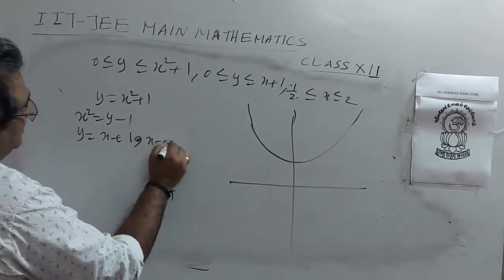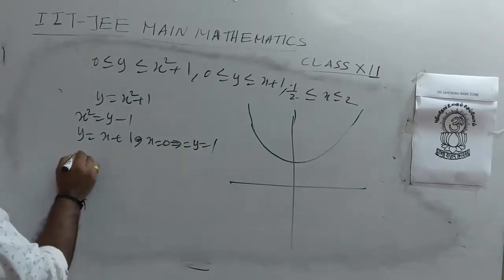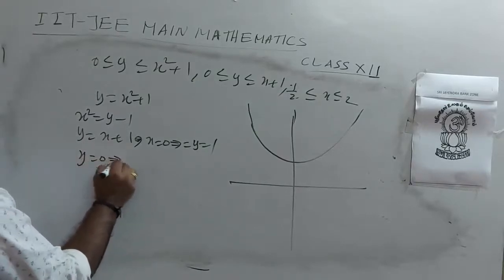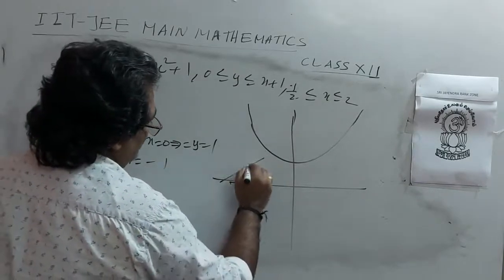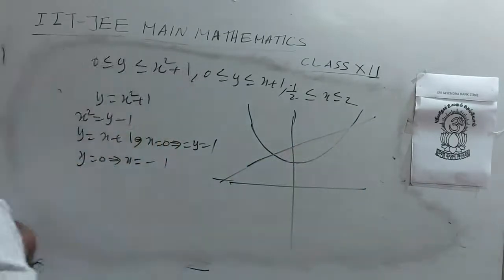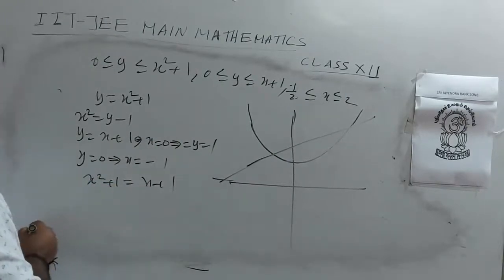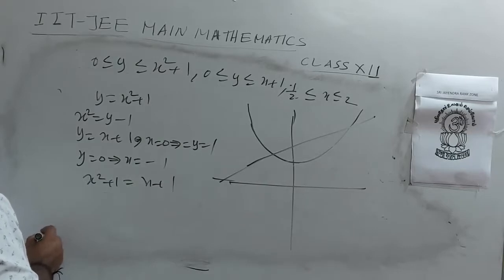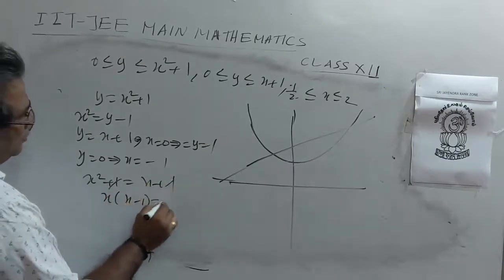X equal to 0 implies y equal to 1. Y equal to 0 means x equal to minus 1. Equate x square plus 1 equal to x plus 1, x into x minus 1 equal to 0.